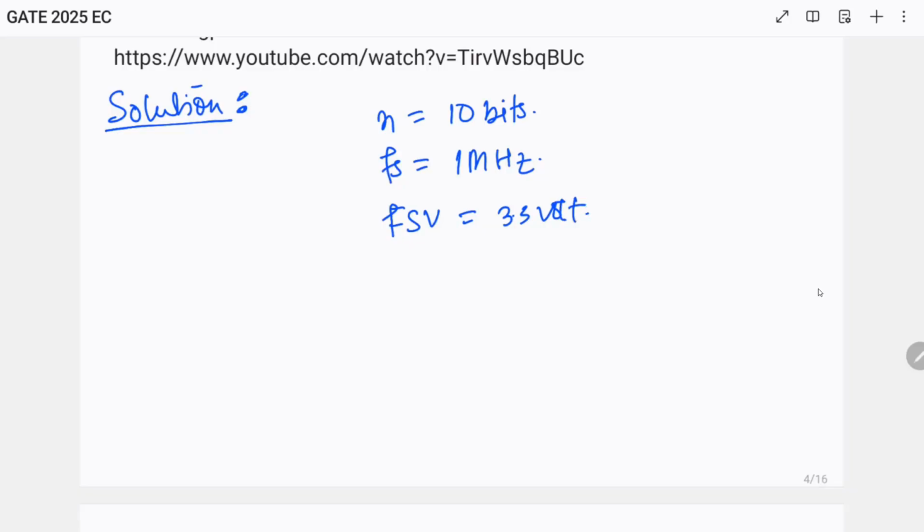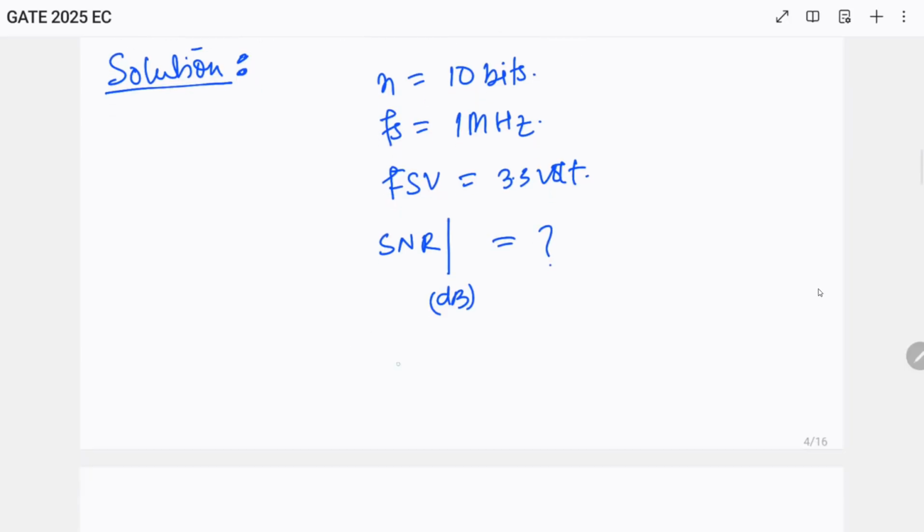And I need to find the maximum SNR in dB. Also I need to calculate the data rate at the output of ADC. I need to calculate these two items.